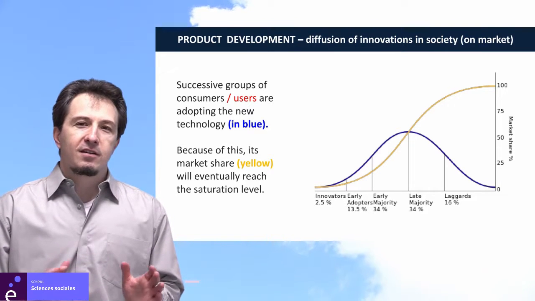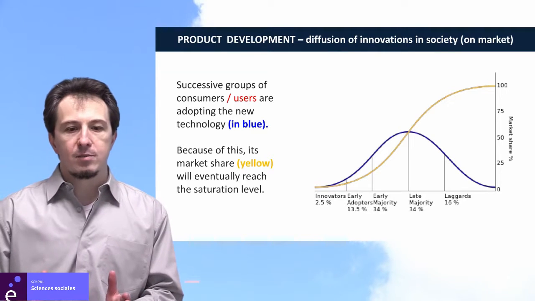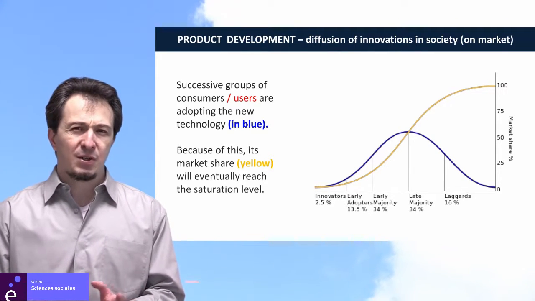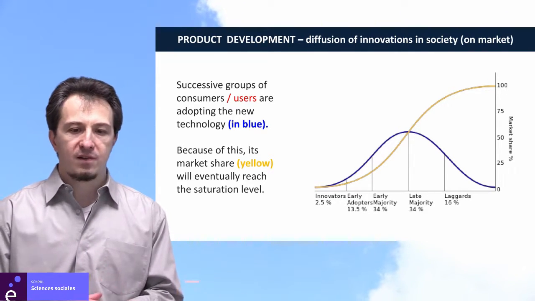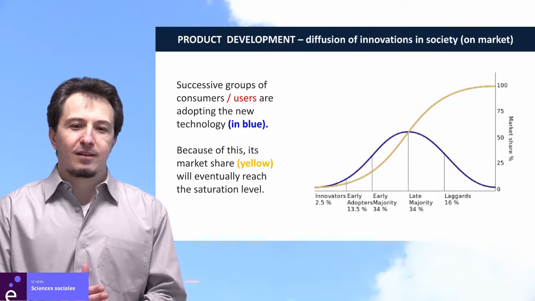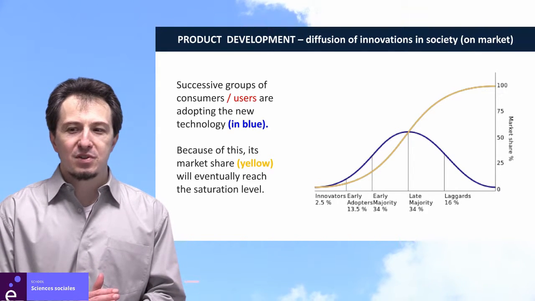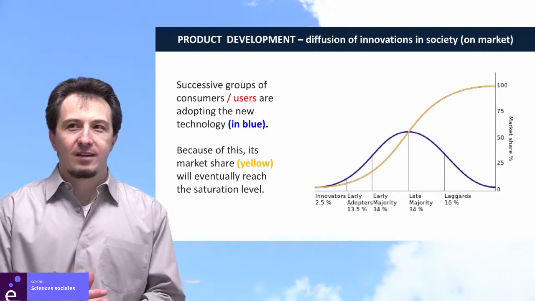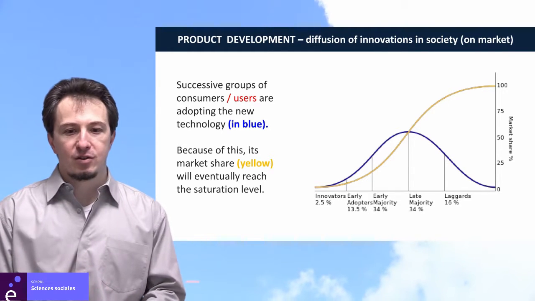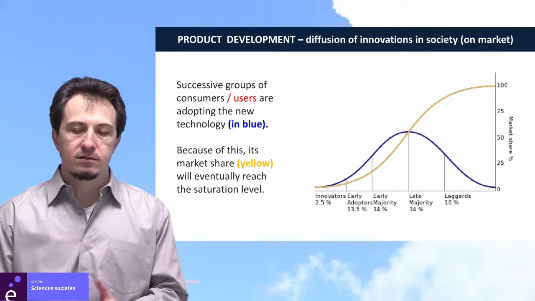Then you have a shift into the bulk of the population. The next category is called the early majority, which is about a third, 34-35%. And then you are in the middle. At this point, you have the most innovative, or novelty-seeking, half of the population, and the rest will come a bit automatically, to simplify.